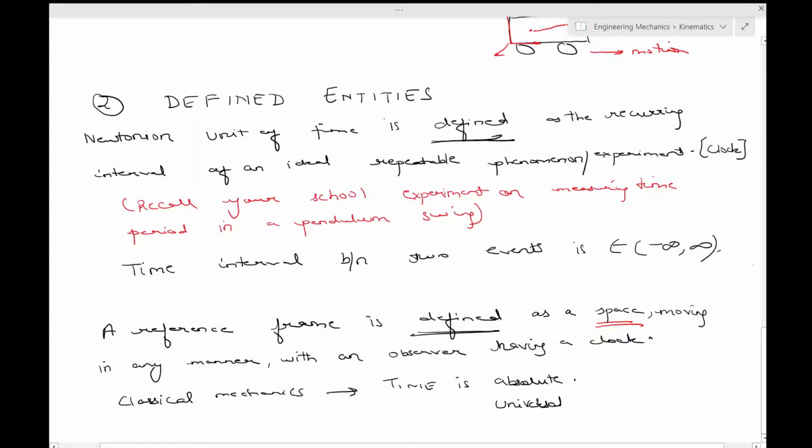That's the important part. For example, if you drop an apple while moving inside a car and it touches the floor of the car, the time interval between these two events, that is the dropping of the apple and the apple touching the floor of the car, will be the same irrespective of whether you are inside the car or you are on the ground observing this moving car and the events which we have just spoken about. So it is universal, and it is also absolute.